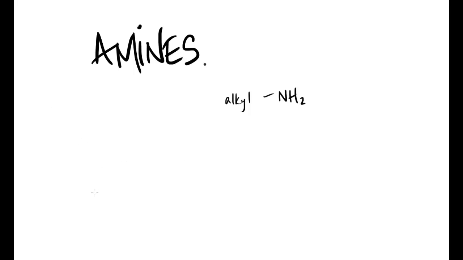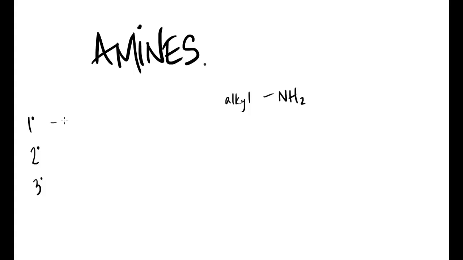Amines, like alcohols and carbocations, can be classified. They go into classes, and what I mean by that is they can be primary, secondary, or tertiary. They can be quaternary, but I'm going to leave that for now and just stick with primary, secondary, and tertiary. Just as with any other time you've seen primary, secondary, and tertiary, in the class of amine or class of alcohol, it's to do with how many alkyl groups are attached.